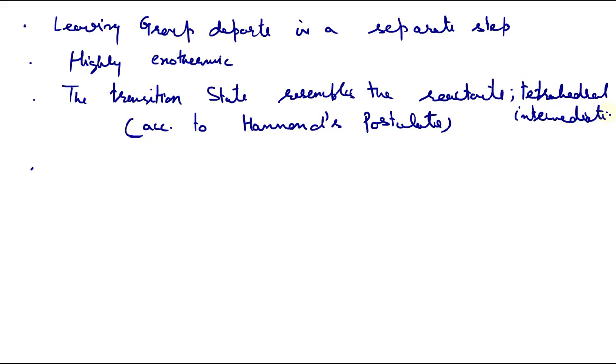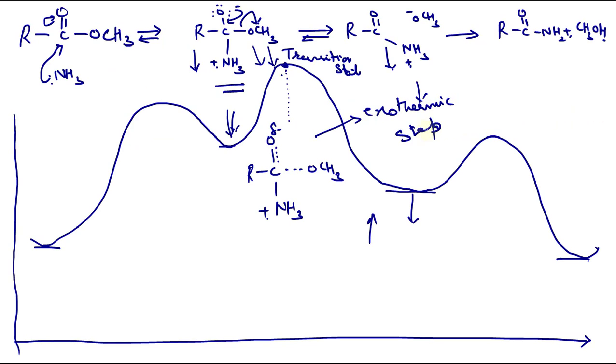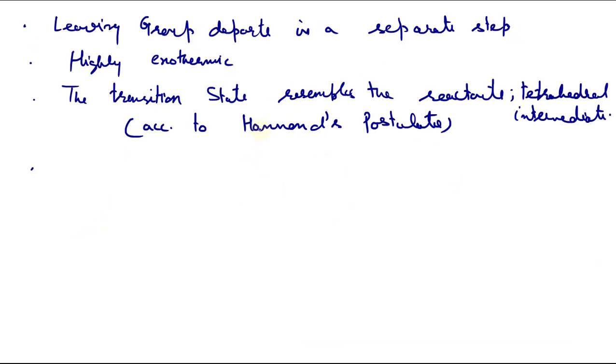The geometry of the transition state is similar to the tetrahedral intermediate. So you can see that the bond to the leaving group has barely begun to break. In the transition state, the bond cleavage has not started. So it has barely begun to break, and the energy of the transition state is not very sensitive to the nature of the leaving group. That is the more important point.